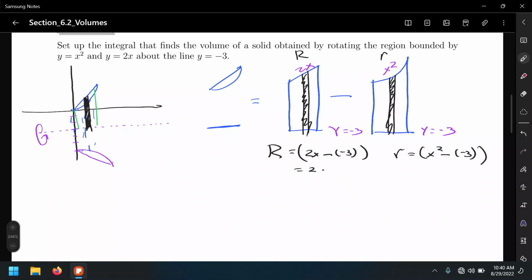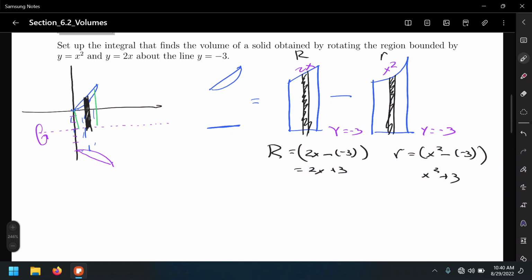That's going to become 2x plus 3 and x squared plus 3. Okay? So the first part represents the whole birthday cake, and the second part represents the part that we are not eating of the birthday cake.